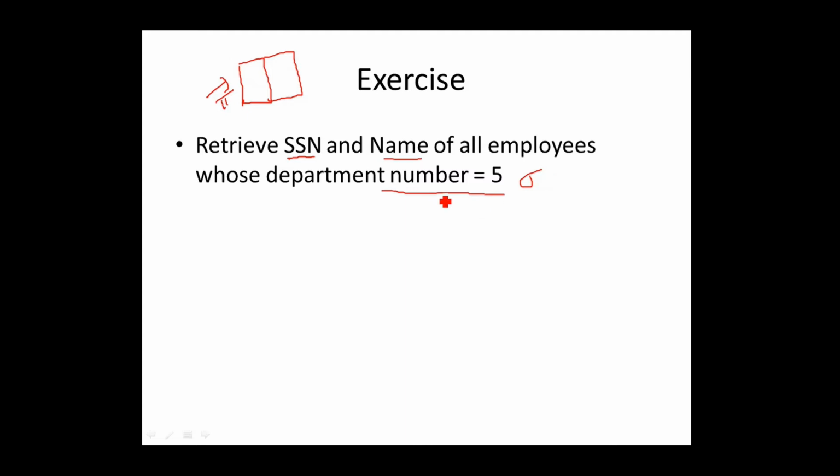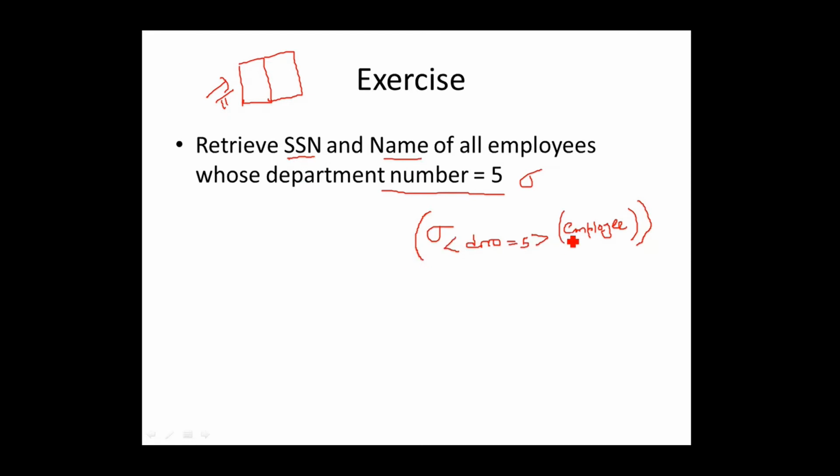So first what we'll do is we'll filter all the employees from department number 5. So for that, what is the condition we have to write? Department number is equal to 5. And on which table are you going to filter? Employee table, right? So on this result, we're going to project only SSN and name.